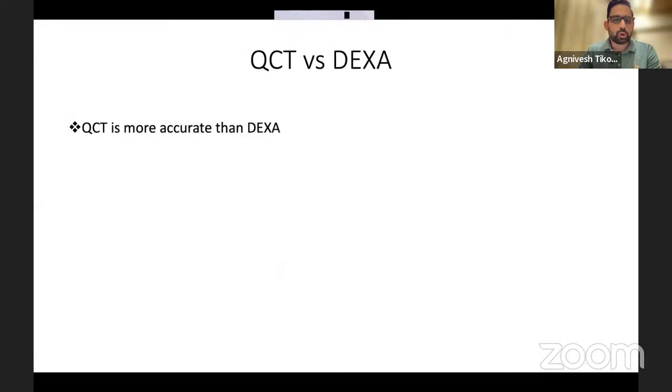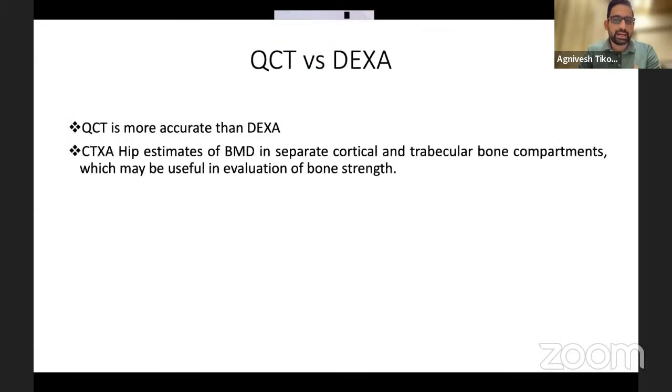There is something also called quantitative CT, which is a 3-dimensional measurement of bone density. DEXA is a 2-dimensional study, and a lot of osteophytes and other things can cause shadows which may be interpreted as good bone. So in QCT, you can measure the bone density more accurately, and it will help you measure the volume of interest directly.